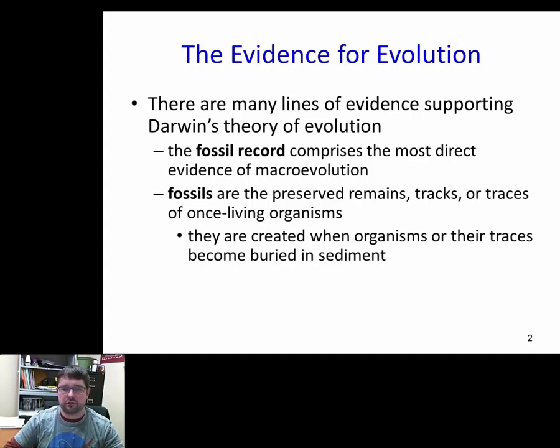They're created under intense pressure, and often that pressure is provided by things like water. So when an aquatic organism dies, it goes to the bottom of the lake or ocean, sediment covers it, and then that pressure from the water on top of it eventually compresses that sediment and forms rock.